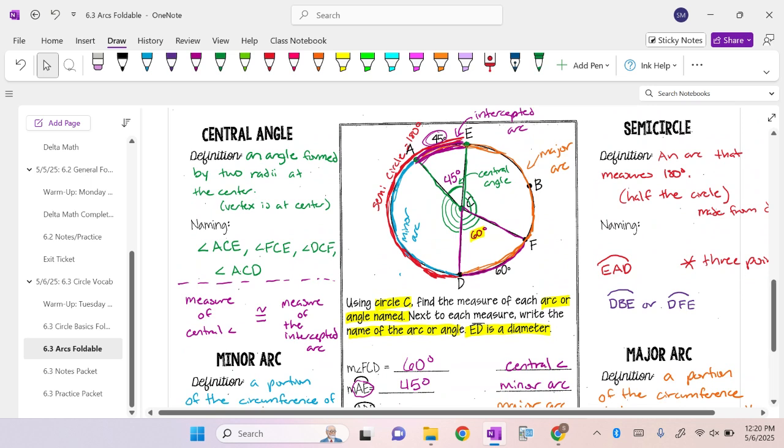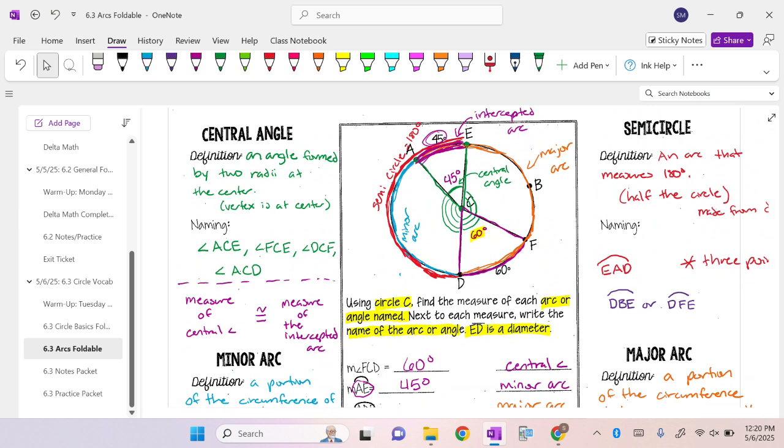What can I do to find the measure of this arc? I'm not given its central angle, but there's another property that we stated earlier that I can use. What do you think I can do?